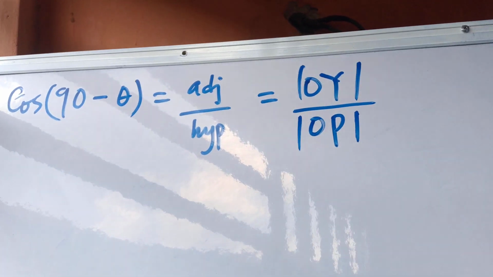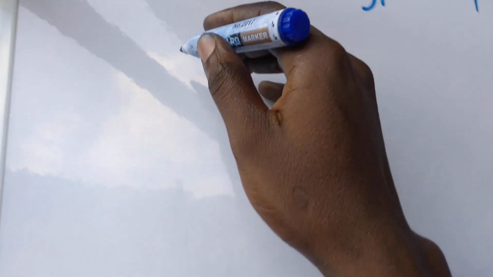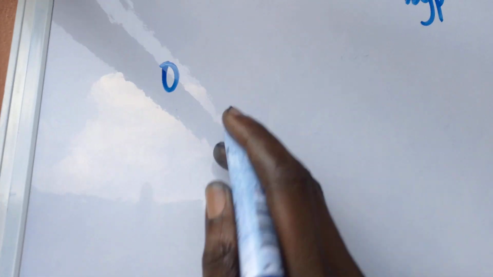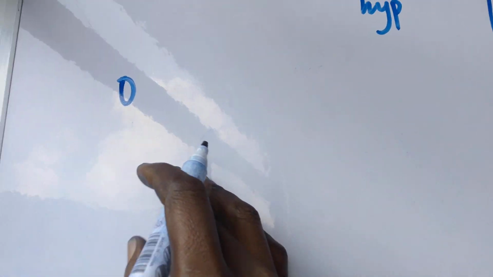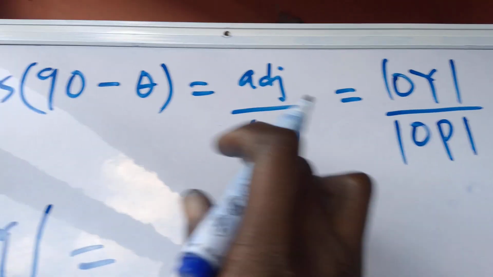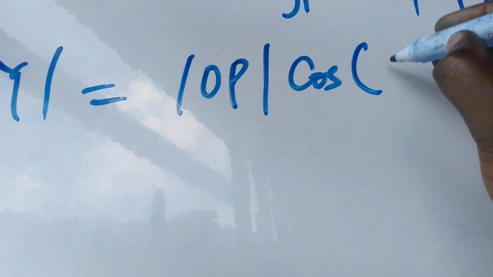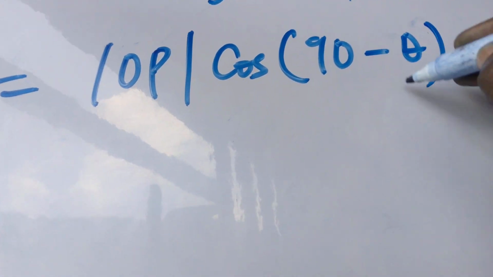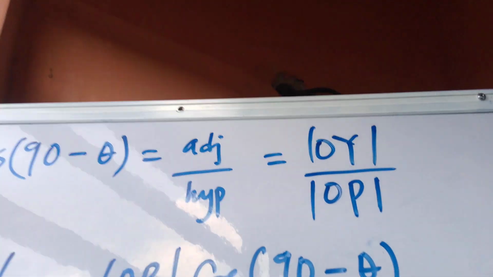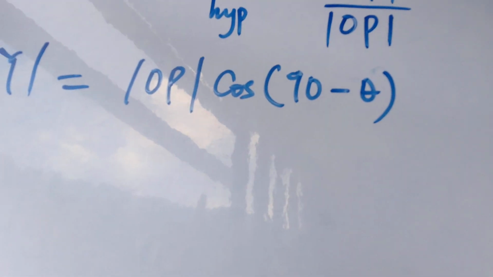Then if I make OY subject of the formula, I cross multiply this times this, so distance OY equals OP cos 90 minus theta.